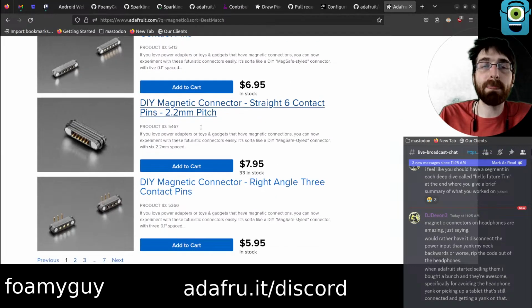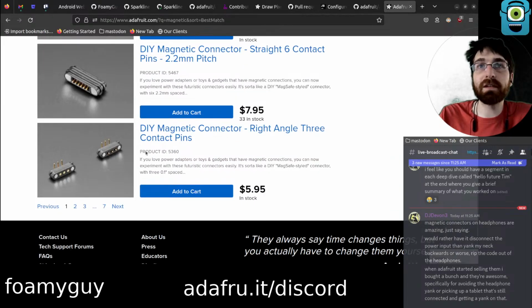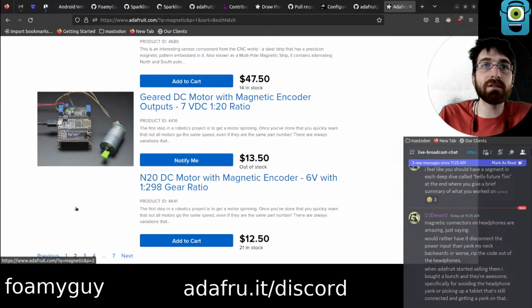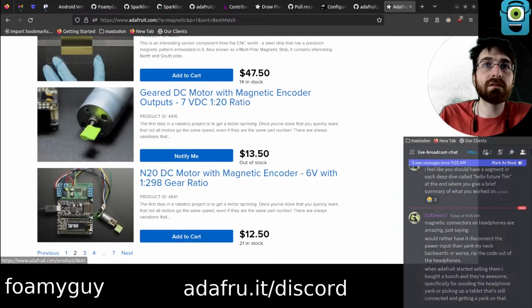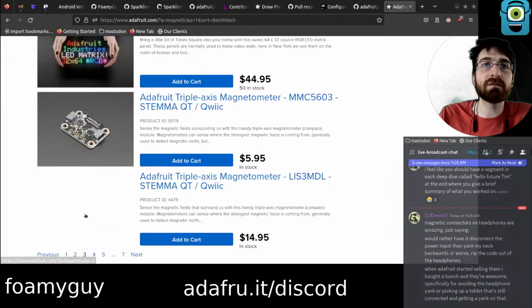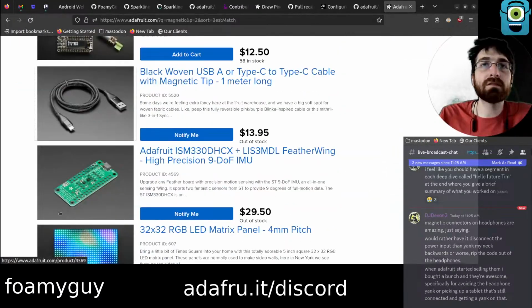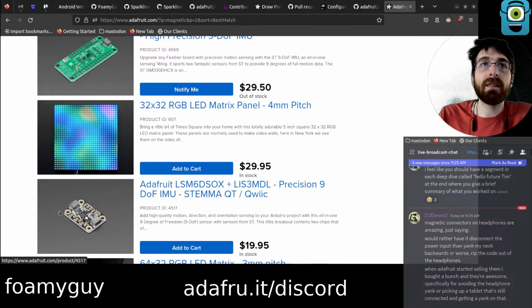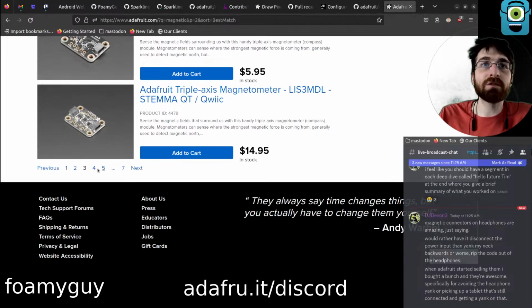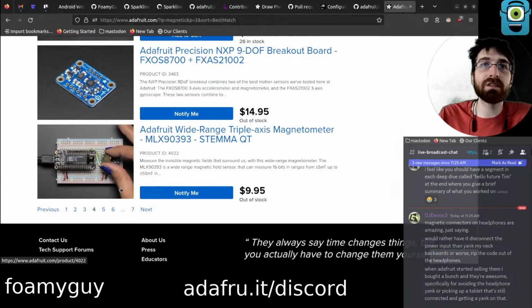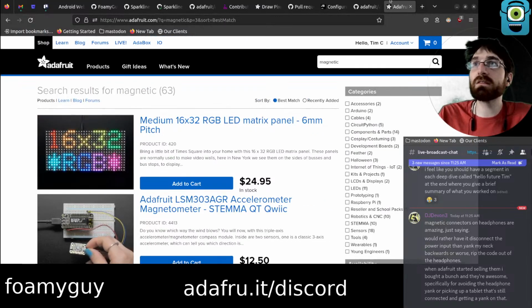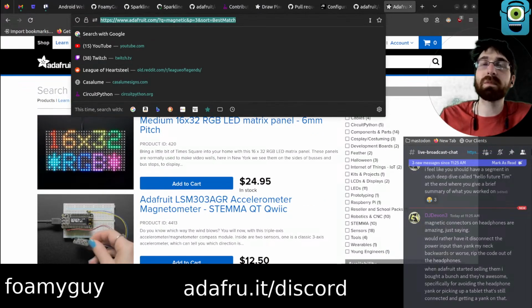Straight angle. I mean, you could do something like that and just run audio over it, I guess, right? Weird stuff. I don't usually browse Adafruit too much. I usually search for the exact thing, and it's usually one of the top ones. Interesting to roll through.